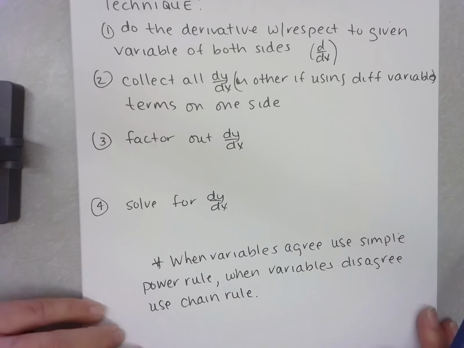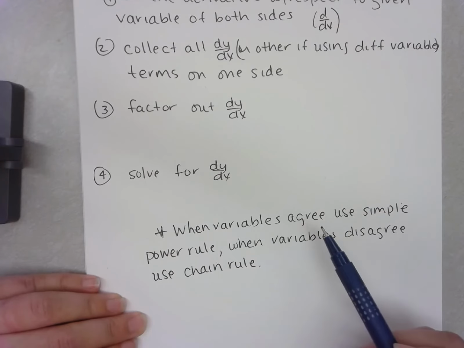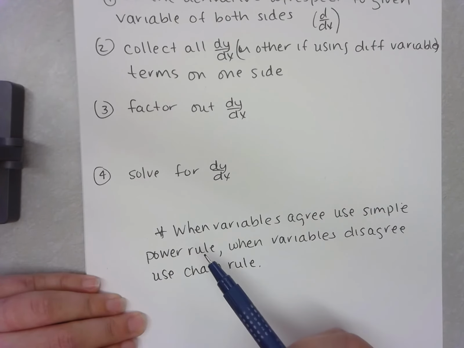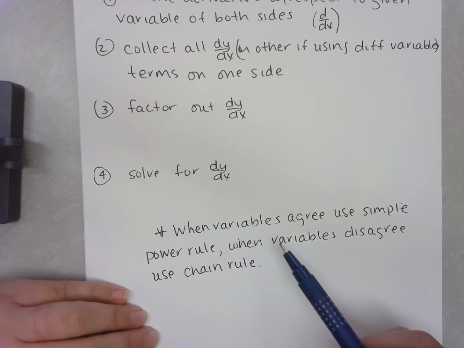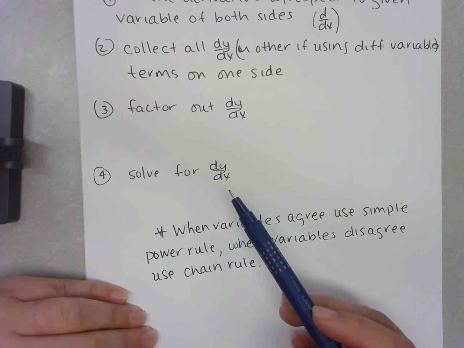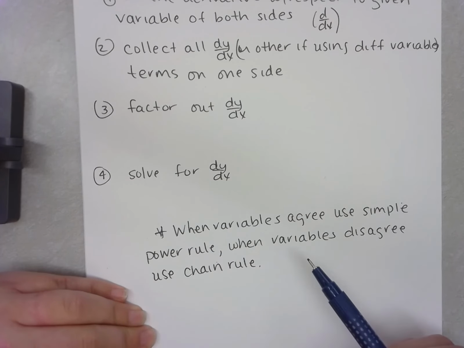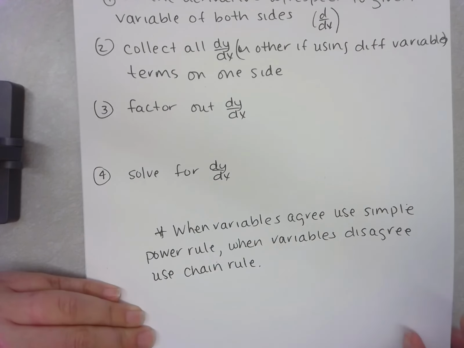Okay, so we're going to walk through the process. Again, this is the important part. When the variables agree, we just use the power rule or the product rule, or basically the simple rules that we've done before. But when the variables disagree, if I'm doing the derivative with respect to x and I come across a term with y in it, then whenever I take the derivative of the non-x, I need to apply my chain rule.